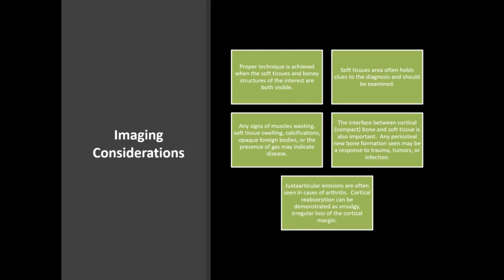The interface between cortical or compact bone and soft tissue is also important. Any periosteal new bone formation may be seen as a response to trauma, tumors, or even infection. So we look for erosions from arthritis and resorption or smudgy loss of cortical margins. So something that's eating away at the bone.